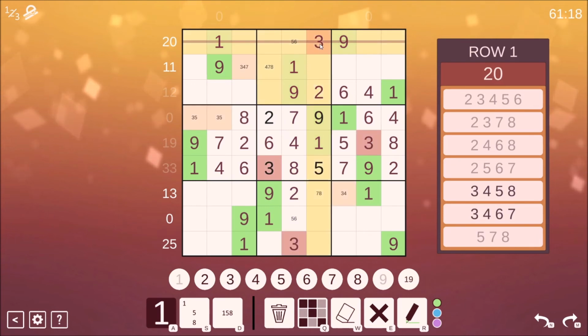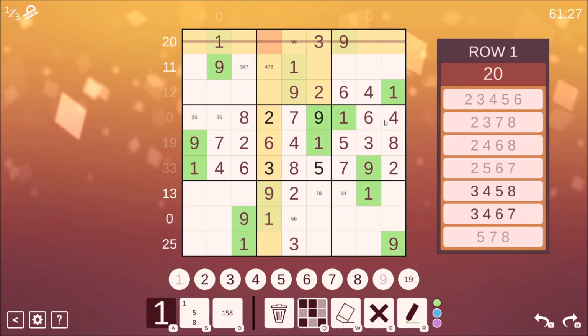Well, now that we know we have the 3, we may as well mark the positions for these two combinations.